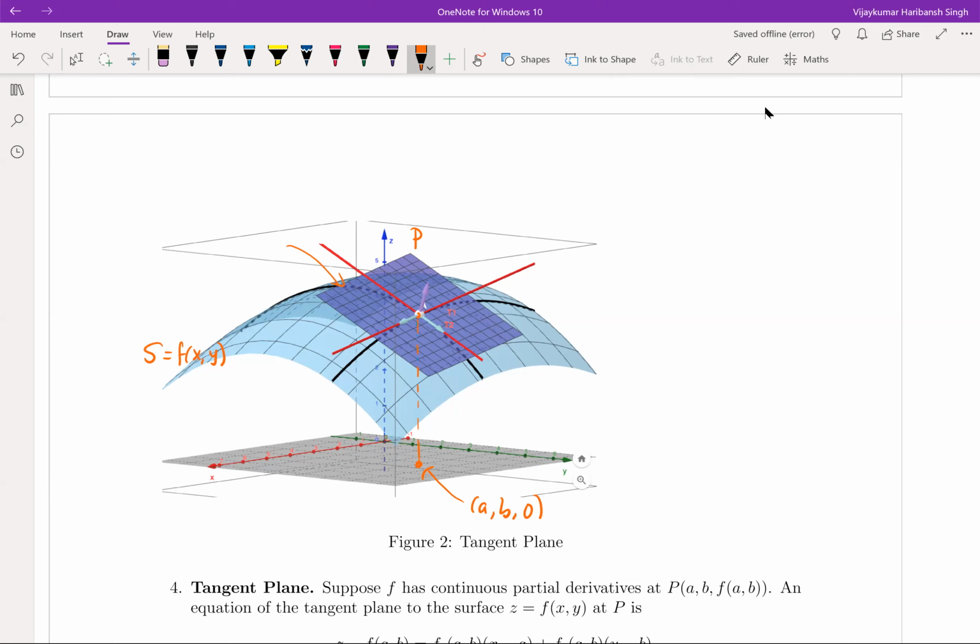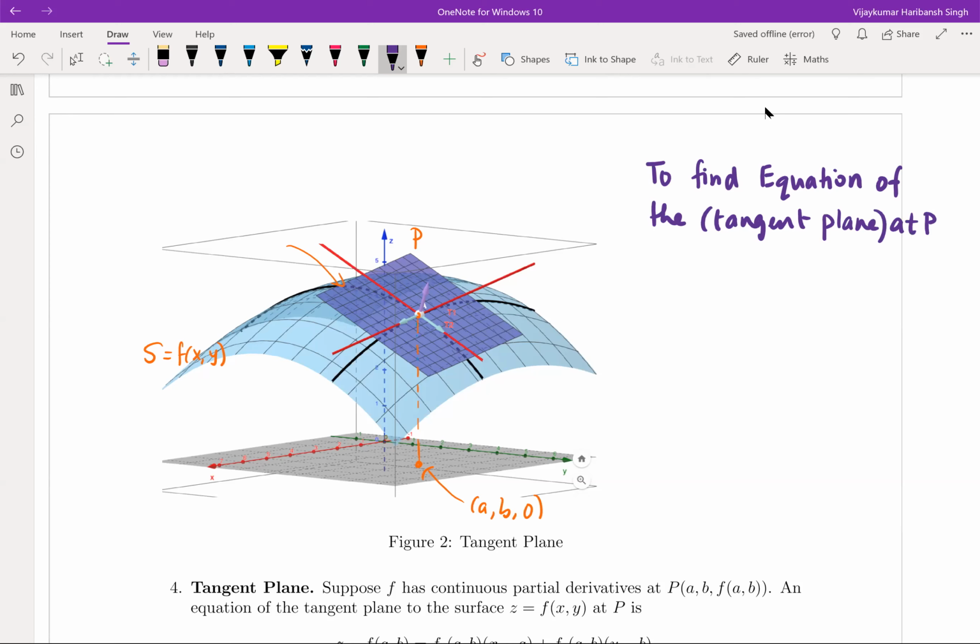Now to find the equation of the plane, we need two things. The tangent plane is after all also a plane. So to find the tangent plane at P, we need a point.